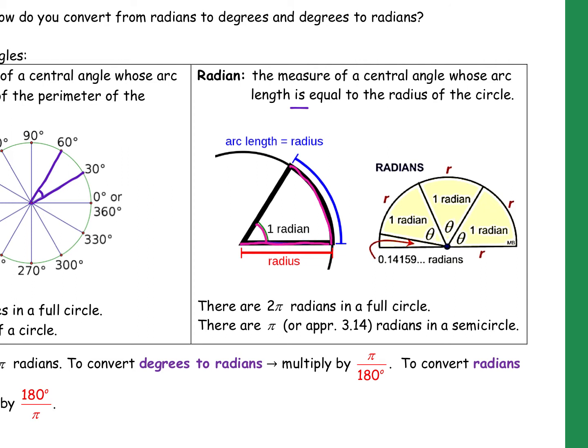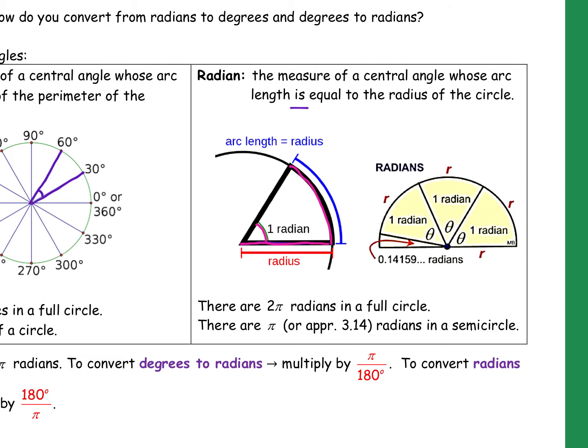When you measure it that way, that divides my half circle into 3.14 radians, so pi radians. It works out no matter what my radius is. Kind of funky.